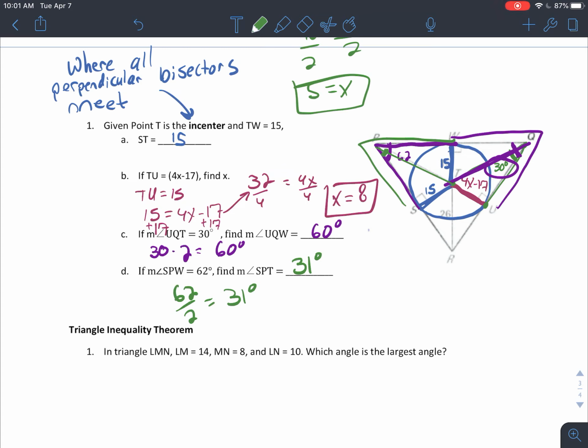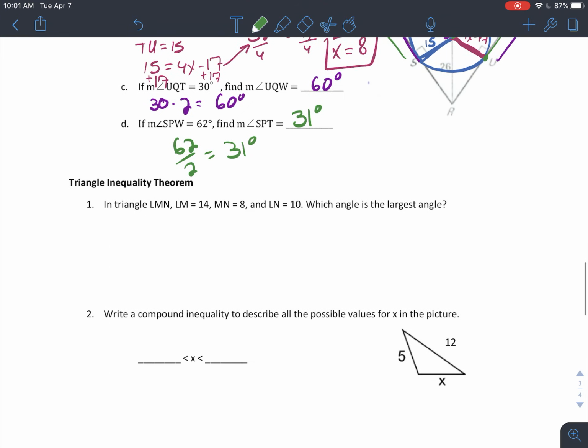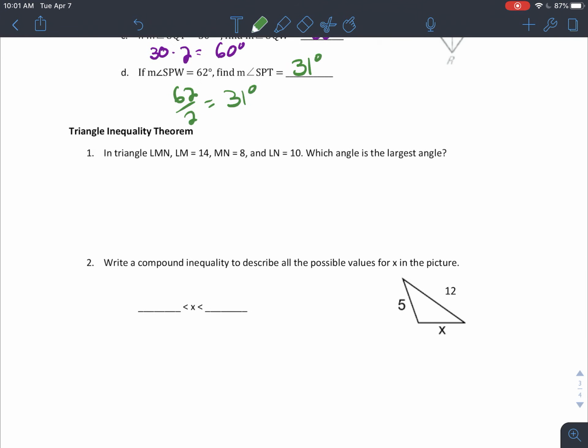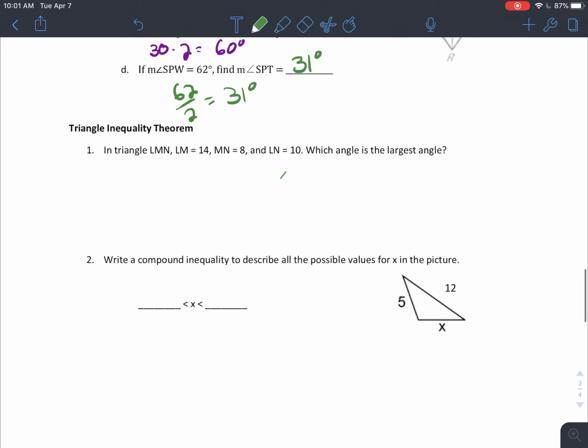All right. Let's take a look at the triangle inequality theorem. In triangle LMN, LM is 14, MN is 8, and LN is 10.